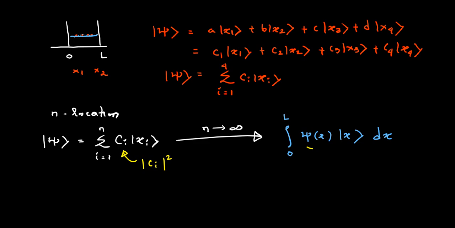Now when you have this continuous function, the square of this will tell you the probability of finding the particle at a particular x. I think this connection tells you how the wave function came into the picture and how it is connected with the state.